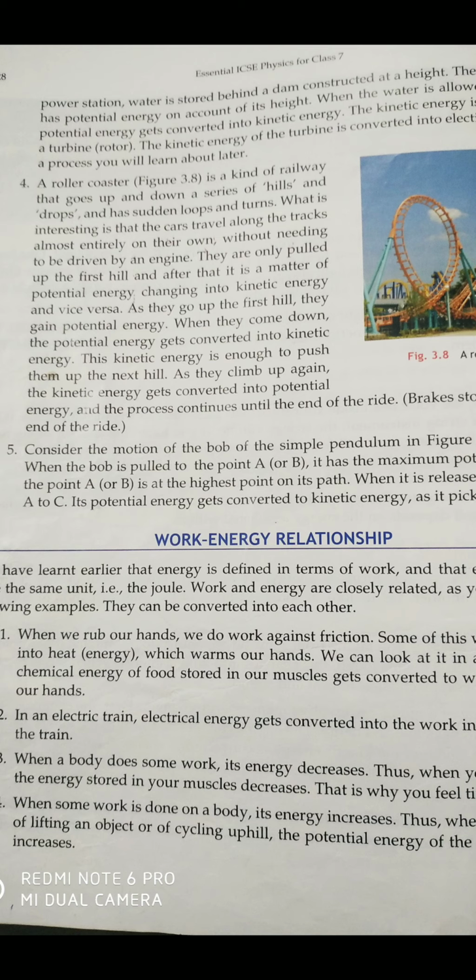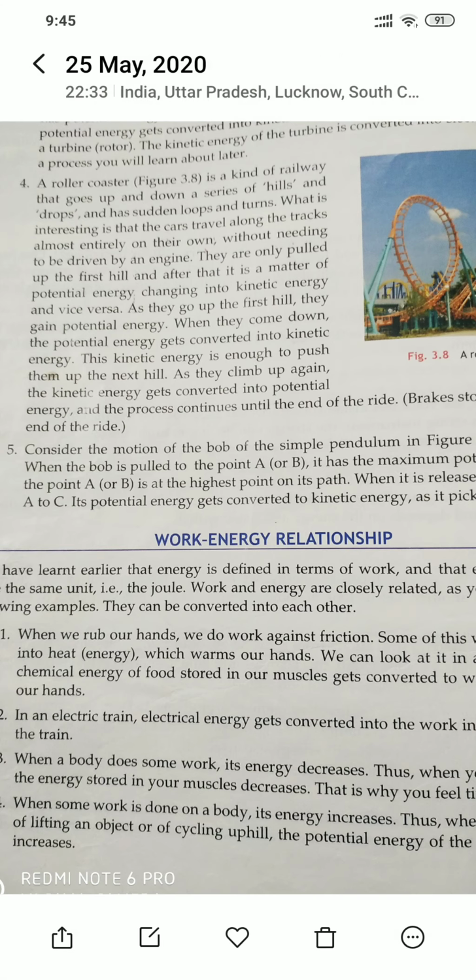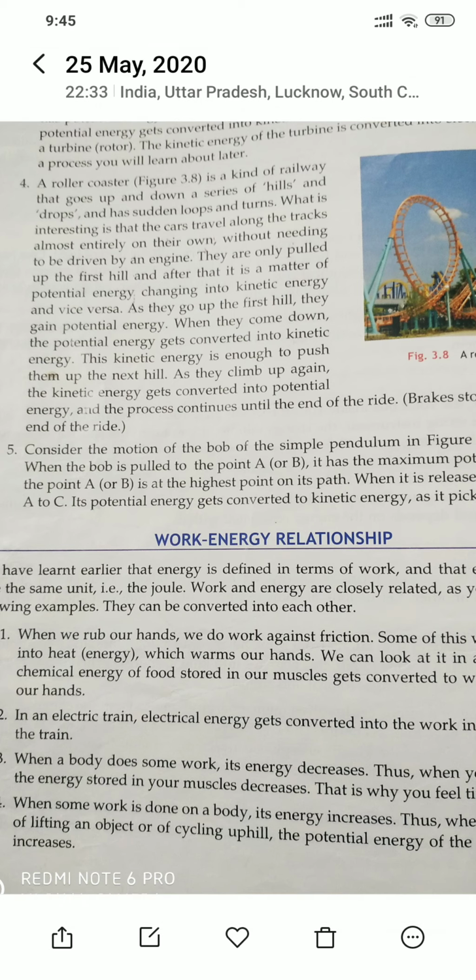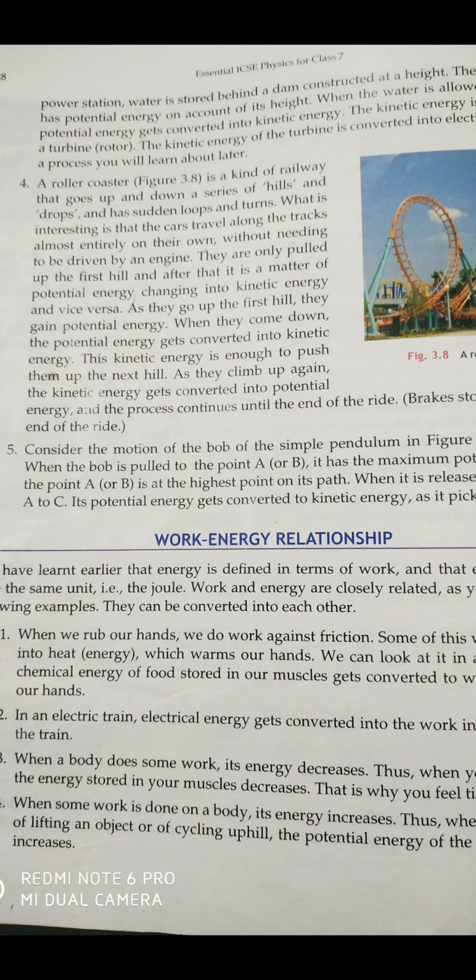You can see here, what is interesting is that the cars travel along the tracks almost entirely on their own without needing to be driven by an engine. That is a matter of potential energy. They are only pulled up the first hill, and after that, it is a matter of potential energy changing into kinetic energy and vice versa.